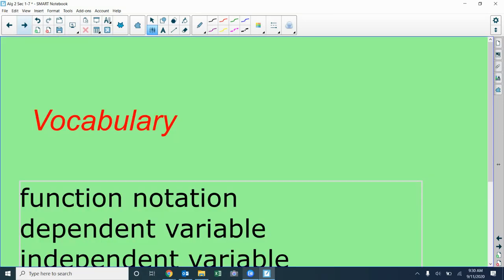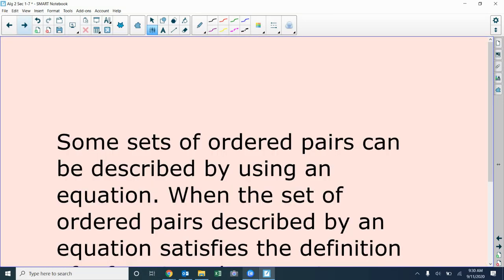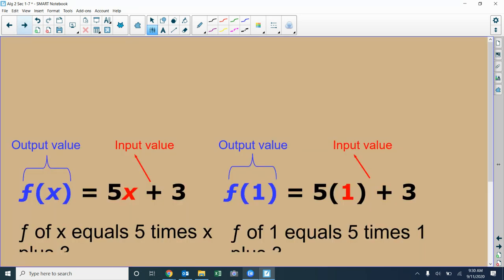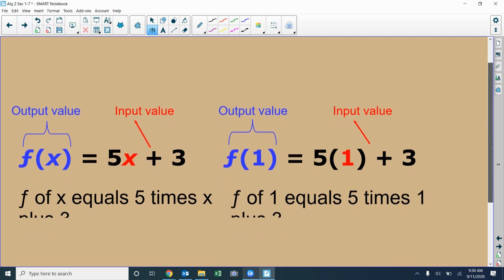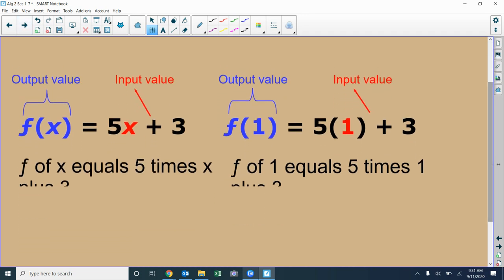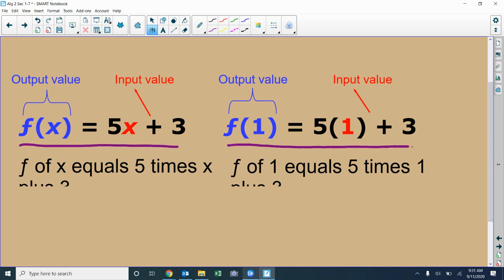Some of this we're gonna just skip through today, because it's not all that relevant. Here is evaluating. I just kind of went over this. There it is in function notation. Plug in f of 1, and we would have the coordinate 1, 8. Now, is there a limited number of coordinates we can find? No, unlimited, isn't it?